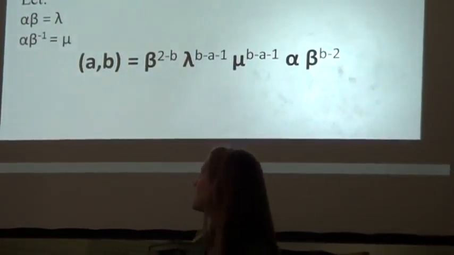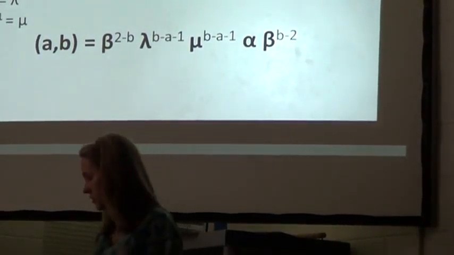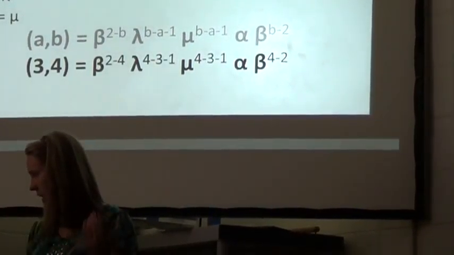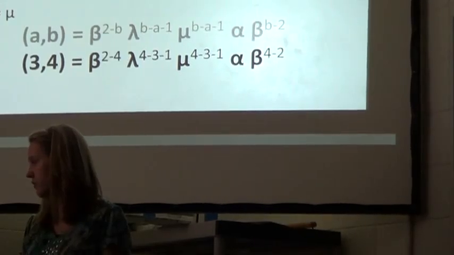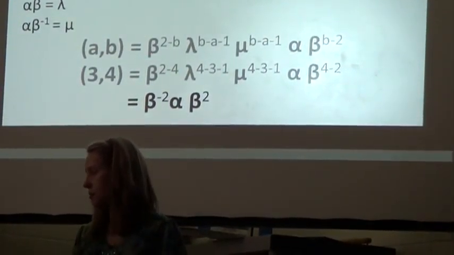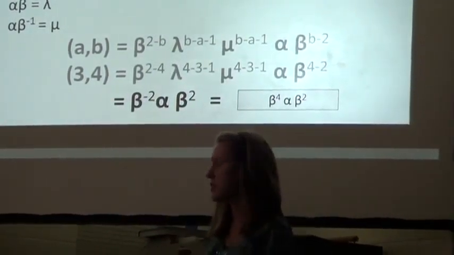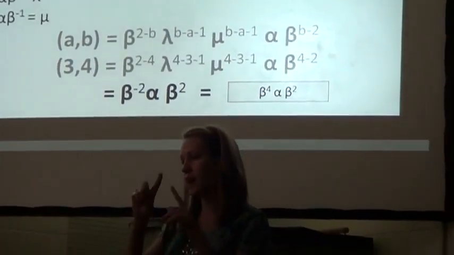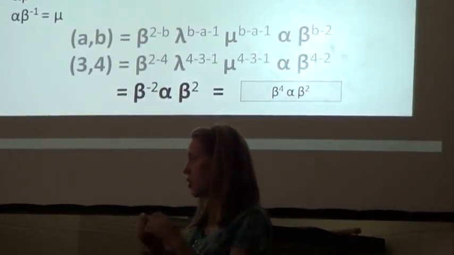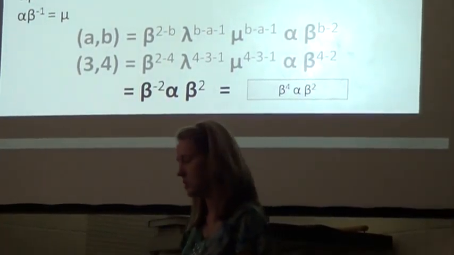Then the transposition AB can be achieved by this expression right here. And I've just shown an example, 3, 4: you get beta to the -2, alpha, beta squared, and that's actually the same as beta to the 4th, alpha, beta squared, because you only have 6 positions, and so moving backwards 2 positions is the same as moving forwards 4 positions.